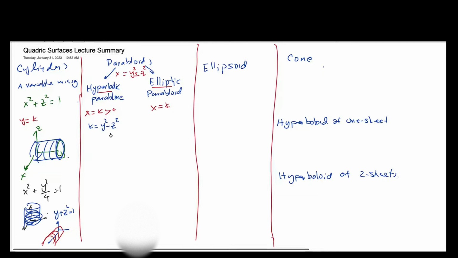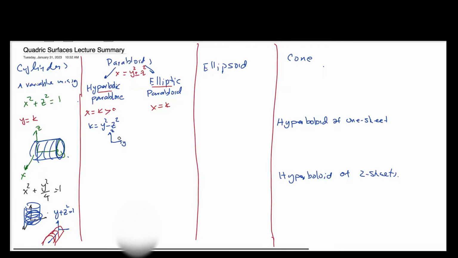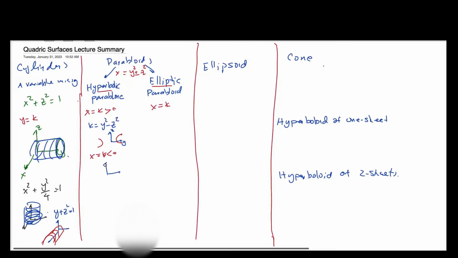For example, in this one, because k is bigger than 0, it would open up in the y direction like that. And then if it was less than 0, then it would open up in the other direction, in the z direction.